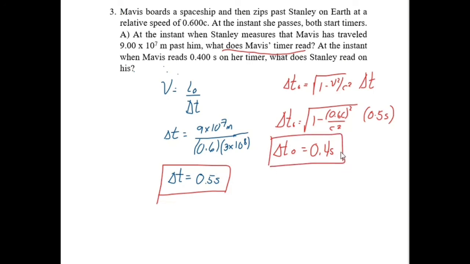So at the instant when Mavis reads 0.5 seconds on her timer, what does Stanley read on his? So ito, since ito daw, na-read niya ay 0.4 seconds sa timer niya, at the spaceship, therefore naman yung reading ni Stanley is 0.5 seconds.